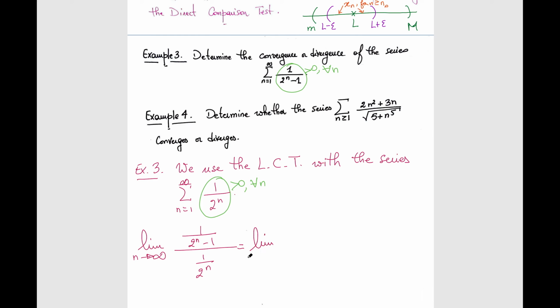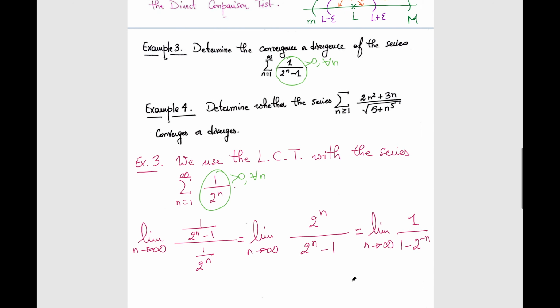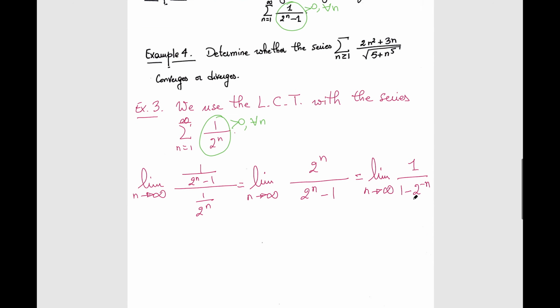And this is the same as the limit as n goes to infinity of 2n divided by 2n minus 1, which is the same as the limit as n goes to infinity of 1 divided by 1 minus 2 to the power negative n, right? Okay. As n goes to infinity, this term goes to 0, so the limit is 1.